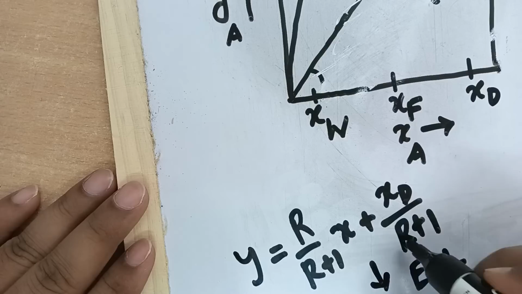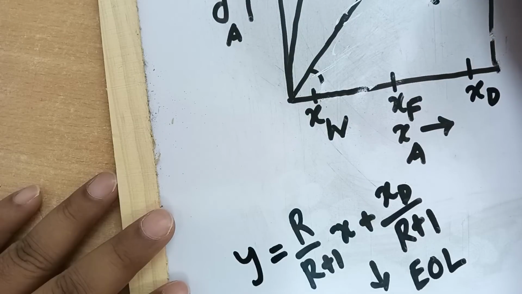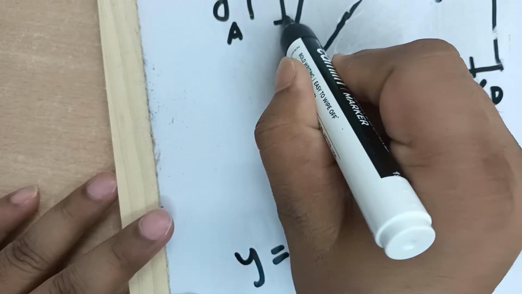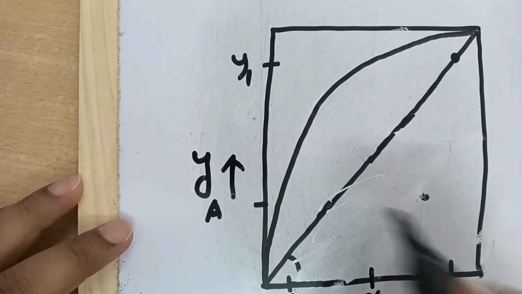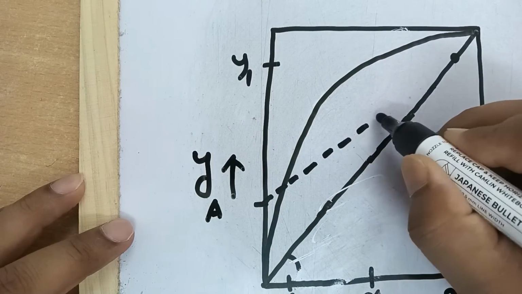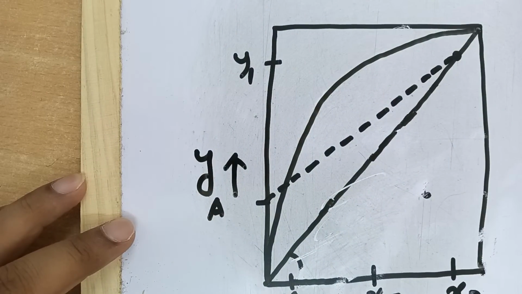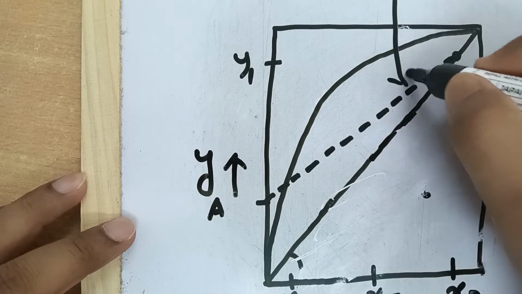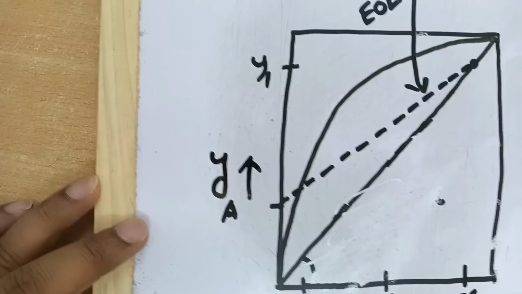Since you know the value of XD, you can find the intercept and locate it on the y-axis, and join these two points to get the enriching section operating line, abbreviated as EOL.